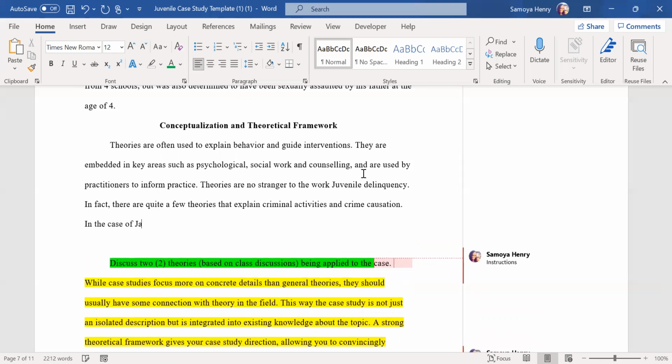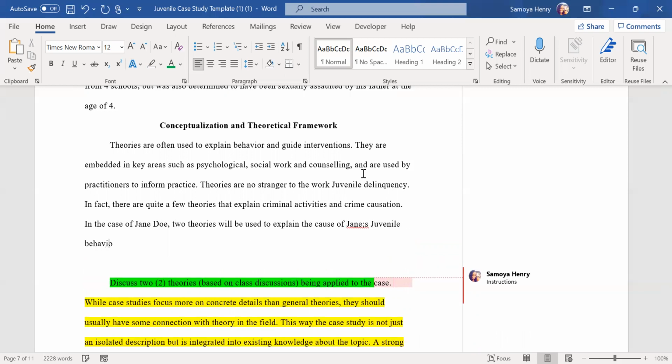In the case of Jane Doe, 2 theories will be used to explain the cause of Jane's juvenile behavior. These 2 theories are blah, blah, blah. Okay.